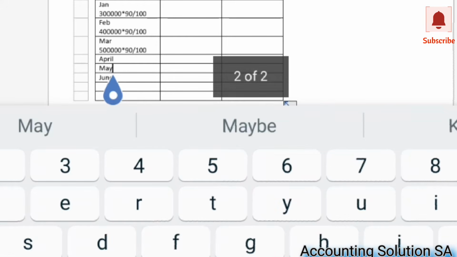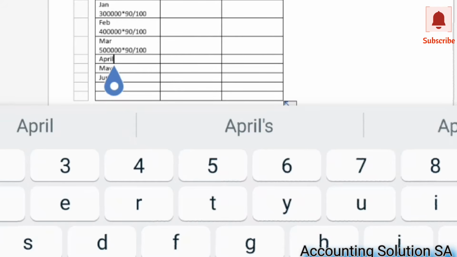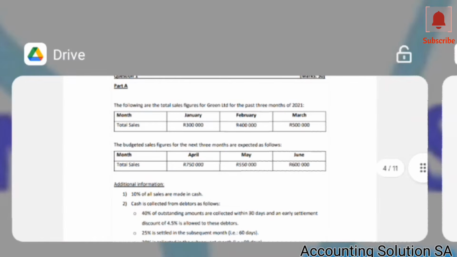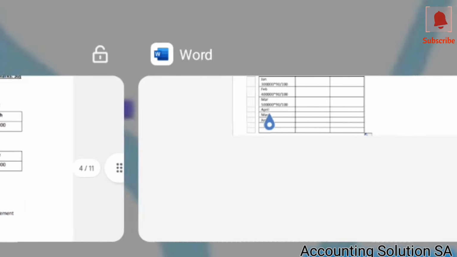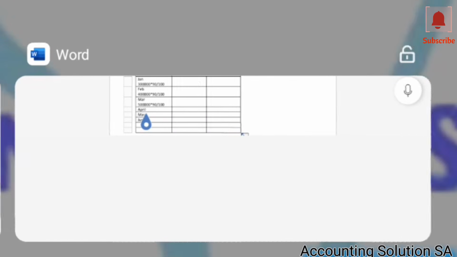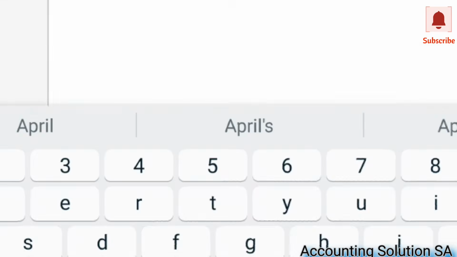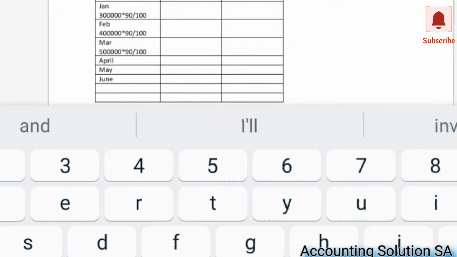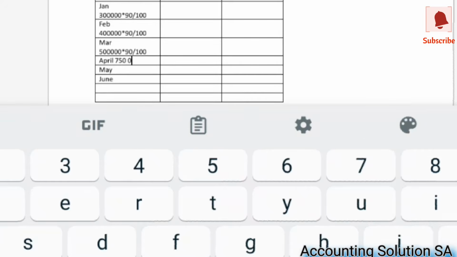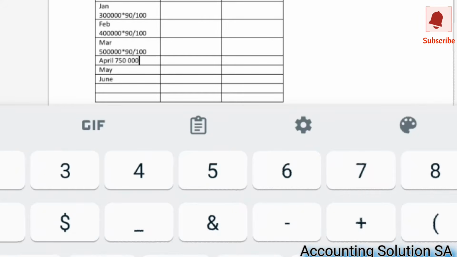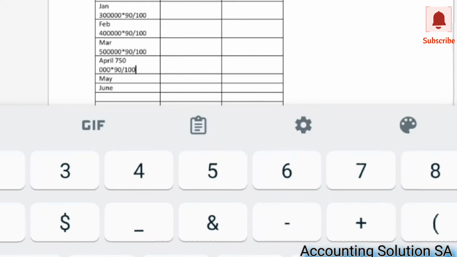Then now we have to check April, May, and June. April is 750, May is 550, and June is 600. So we put 750 and multiply by 90%.